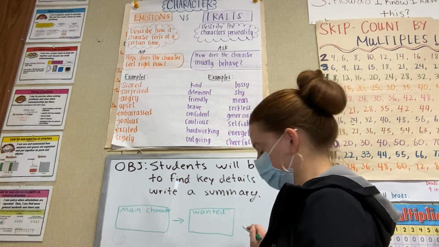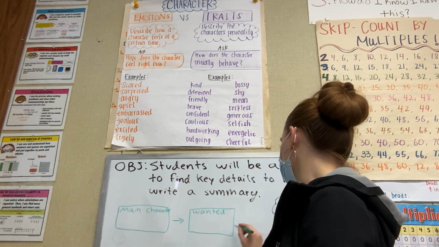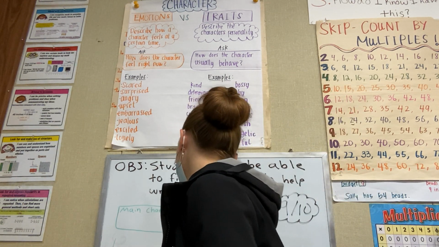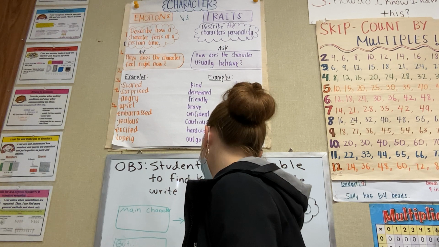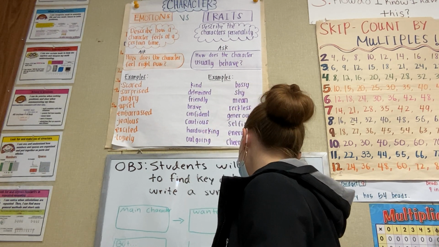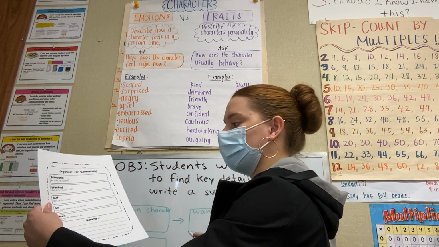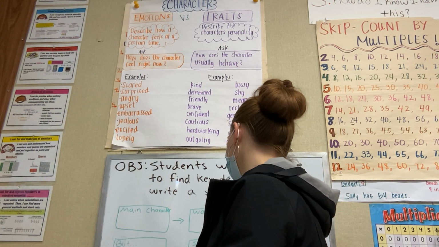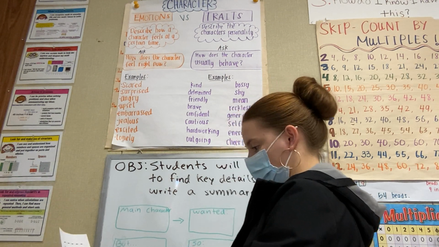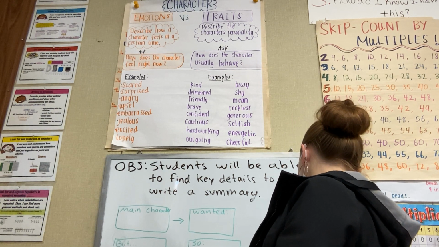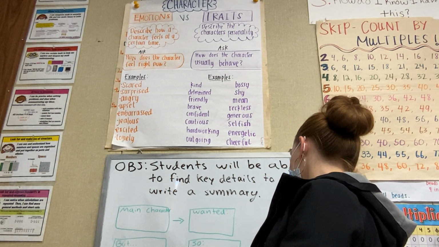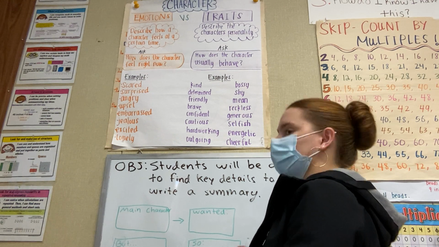He wanted something. Then he had a problem. Now we're writing it on the summary. So now, in this part, all those pieces that we highlighted are what you're going to write in here for a summary. A summary is going to summarize what the story's about, but in a shorter way.